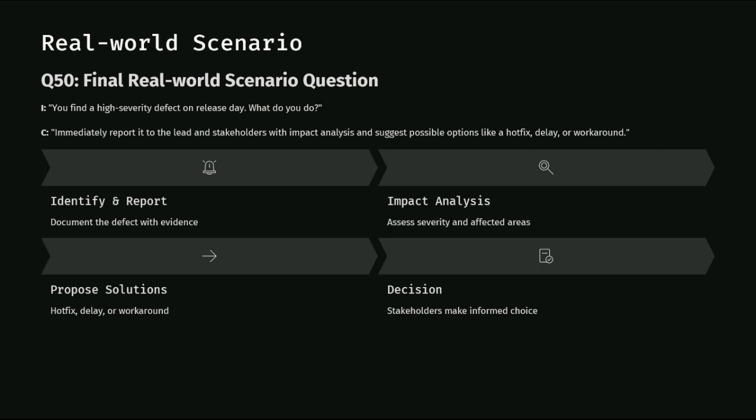Right? And the 50th one, the final real world scenario question. You find a high severity defect on release day. What do you do? The answer is, immediately report it to the lead and stakeholders with impact analysis and suggest possible options like a hotfix, delay, or workaround.